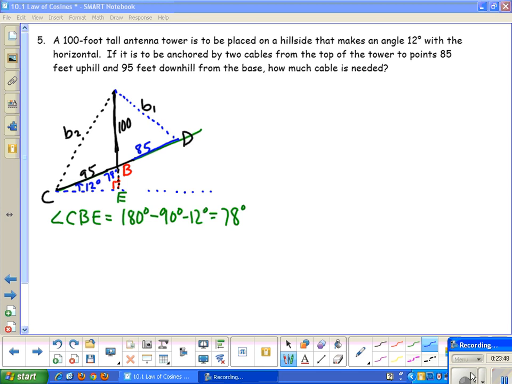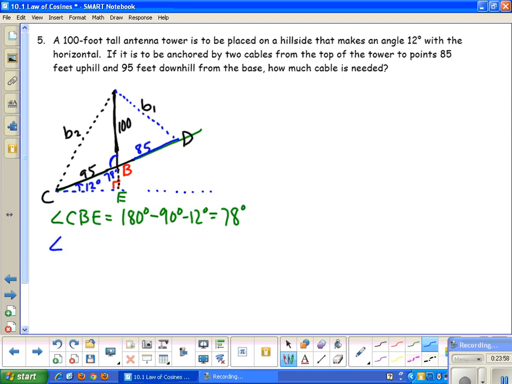So if I know this is 78 degrees, then I can figure out what this angle is by using the supplementary angles postulate. So for this one, let's call this up here A. So this angle right here, by taking 180 degrees minus 78 degrees, which is 102.